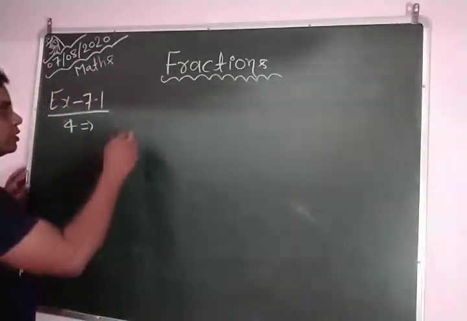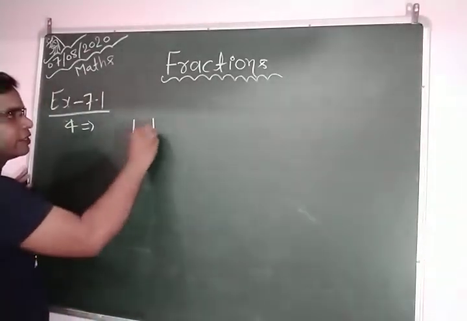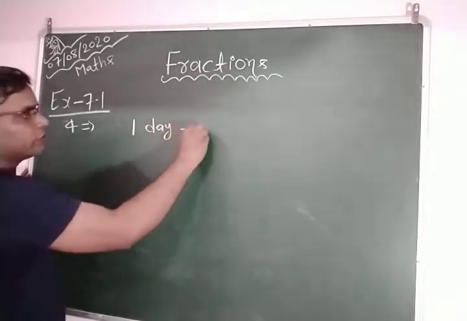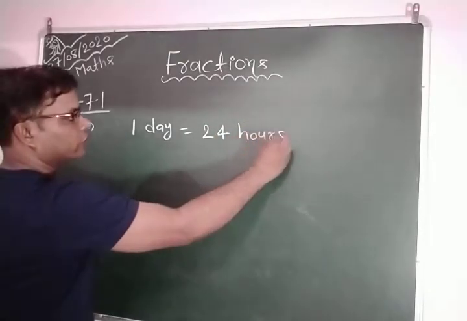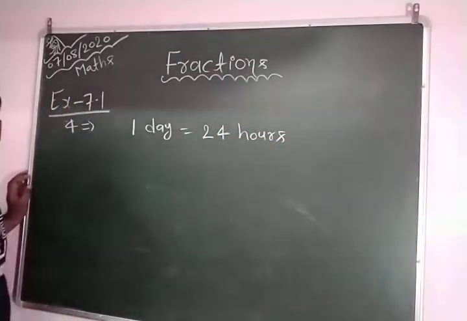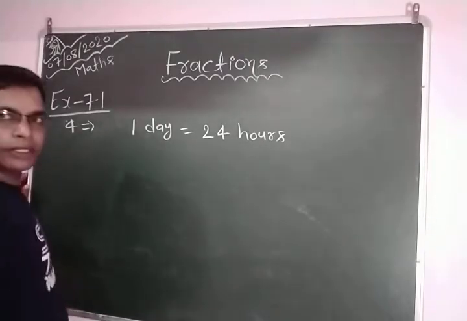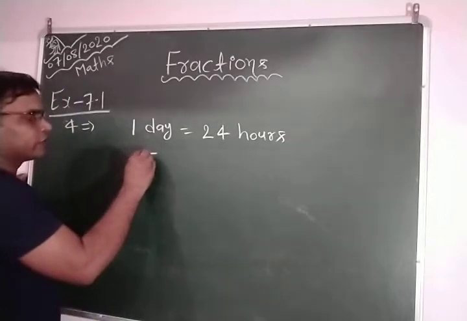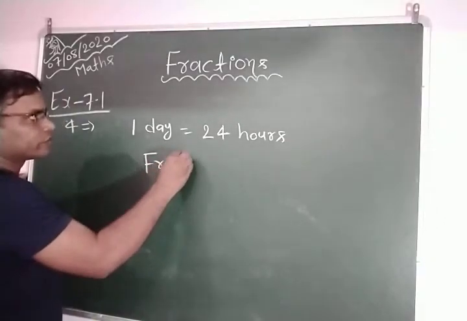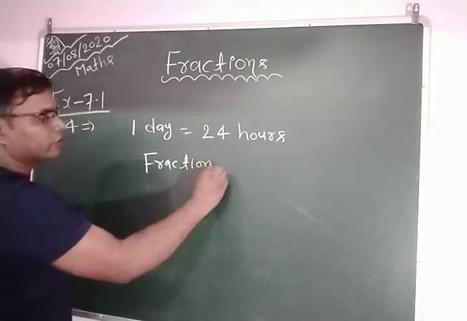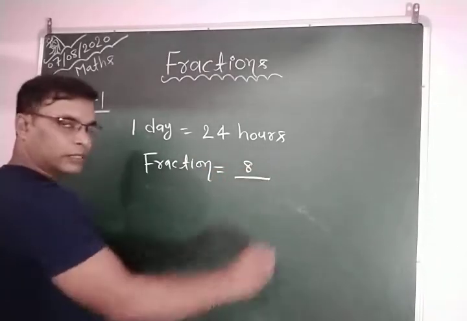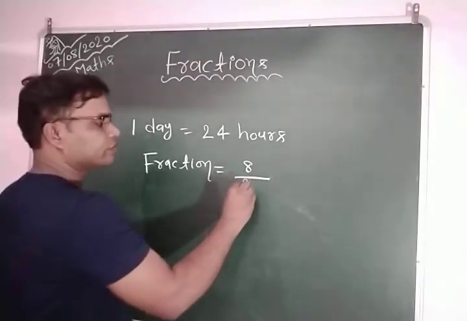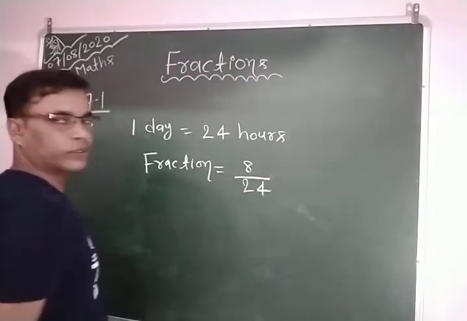So you can write here 1 day is equal to 24 hours, and we find the fraction of a day in 8 hours. We are given 8 hours, so the required fraction is 8 hours out of the total 24 hours.